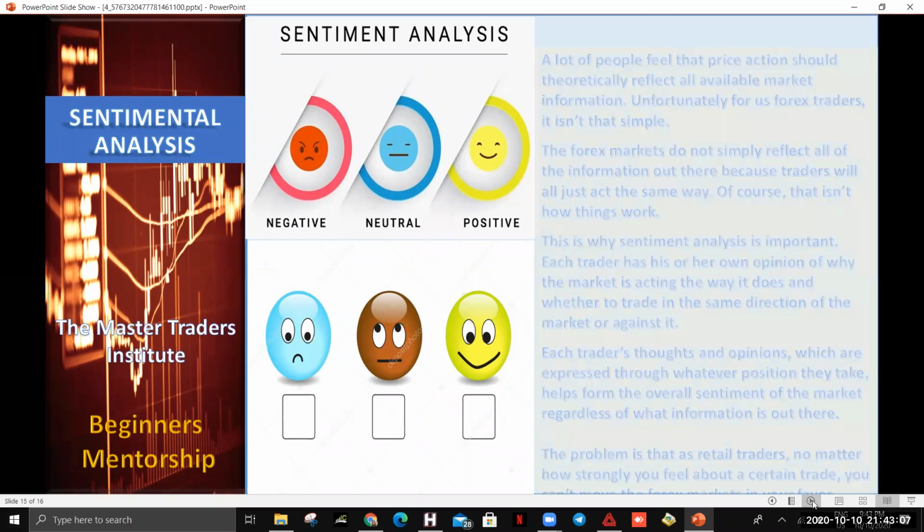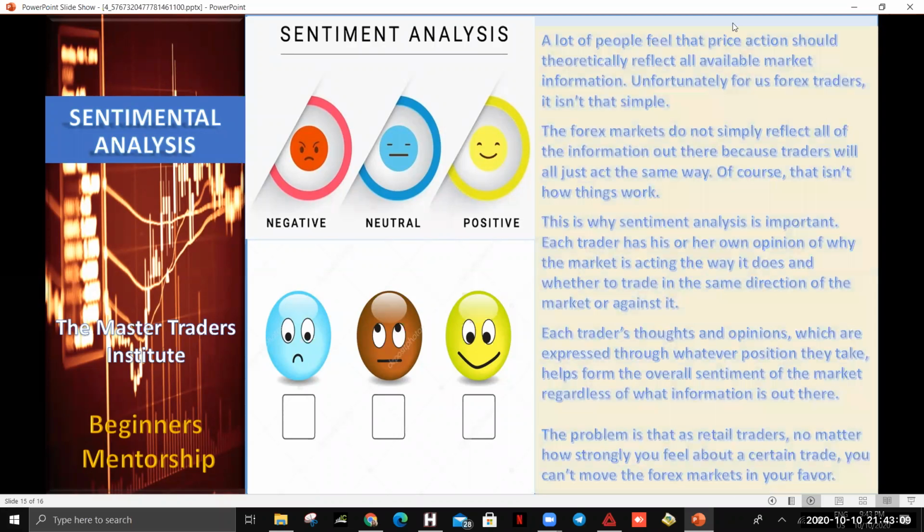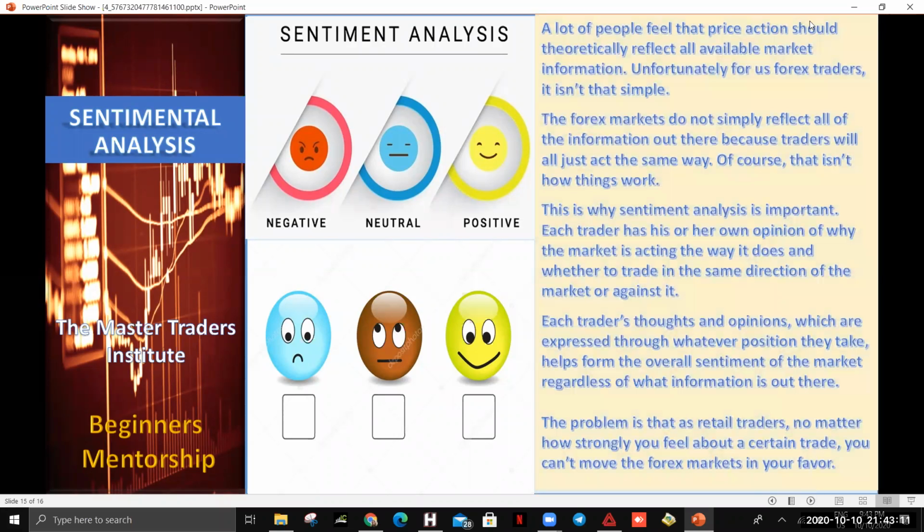It is based on traders' emotion. A lot of people feel that price action should theoretically reflect all available market information. Unfortunately for us Forex traders, it isn't that simple. The Forex market does not simply reflect all of the information out there, because traders will not all act the same way. That isn't how things work. This is why sentimental analysis is important.